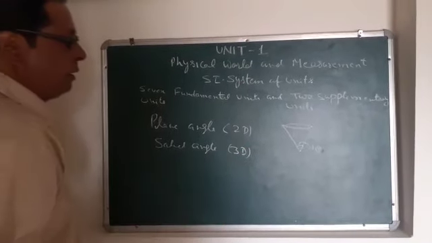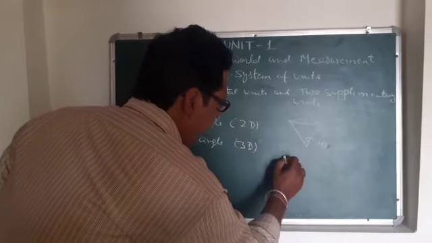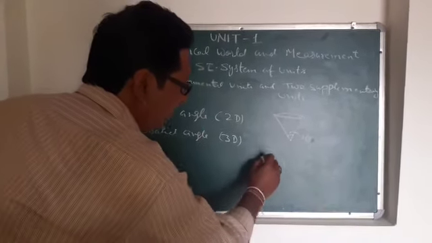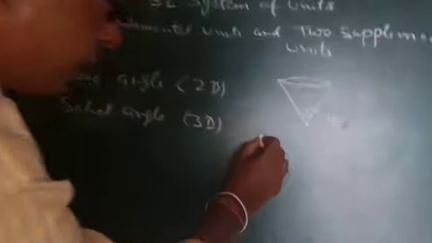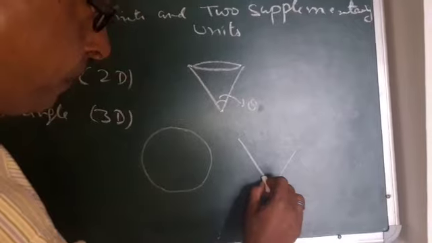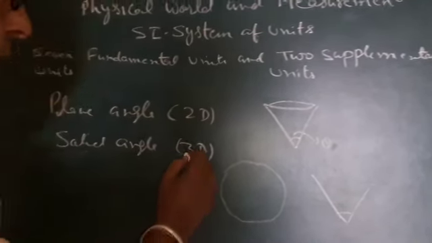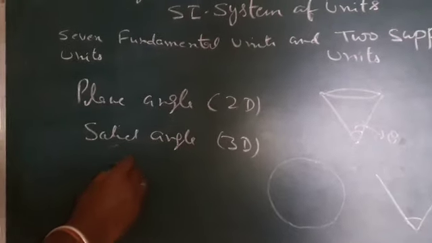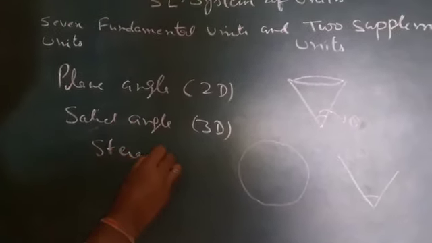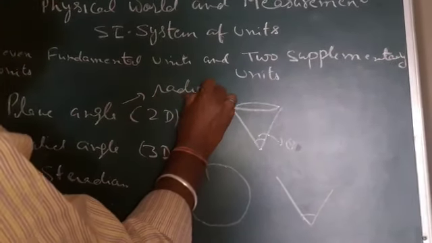Solid angle is 3D. Suppose I have a circular or three-dimensional figure, and if I cut it, it gives a part like this. The angle made by this is the solid angle, and its unit is steradian.